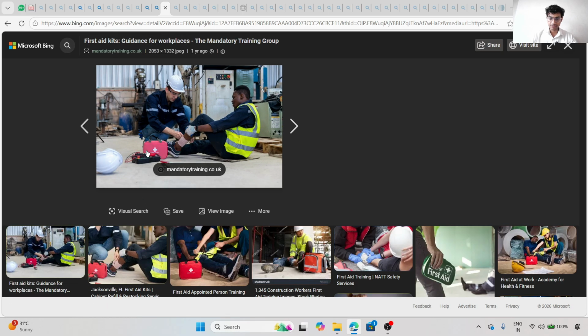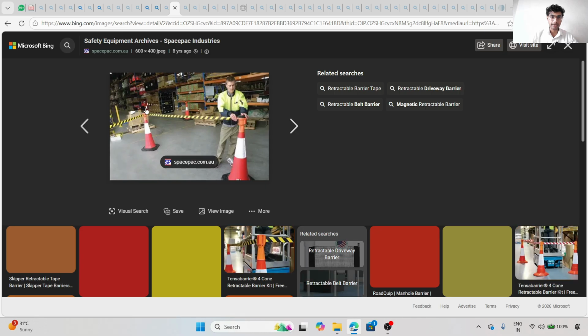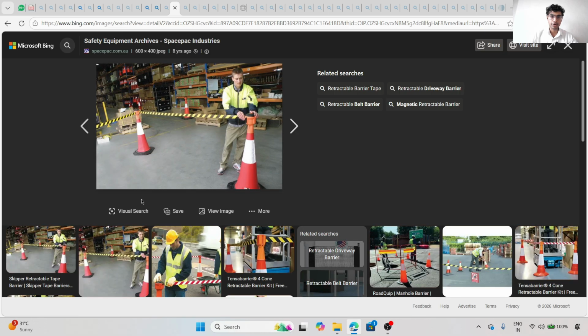He got his first aid kit and also instructed another worker to bring the barricade tape, a barricade cordon for the scene where the incident has happened. So that particular scene is barricaded.